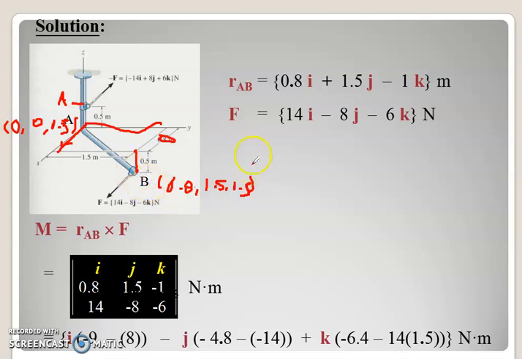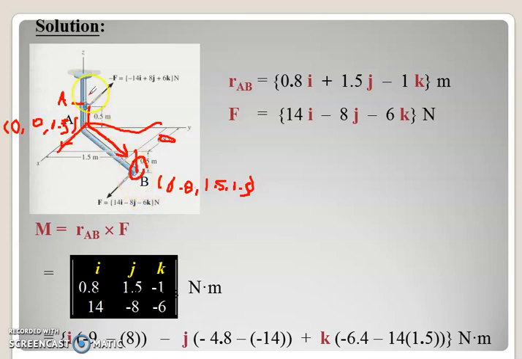And then to find the RAB, remember how to find the position vector. It is from point A to B, so this is the tip and this is your tail.